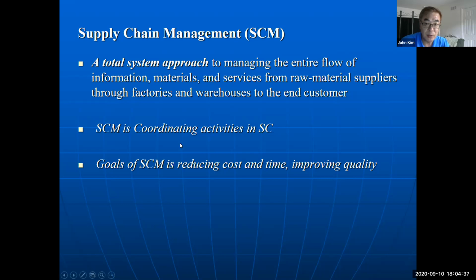Which activities? Receiving, sending, making, distribution, and so on. So managing supply chain activities to make better, cheaper, faster. That is supply chain management.